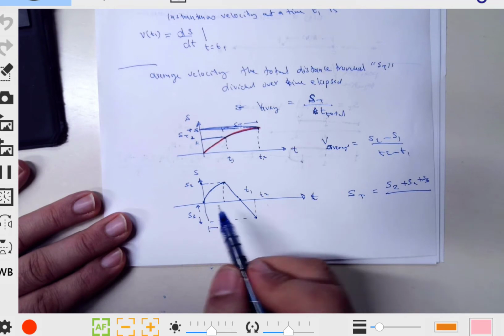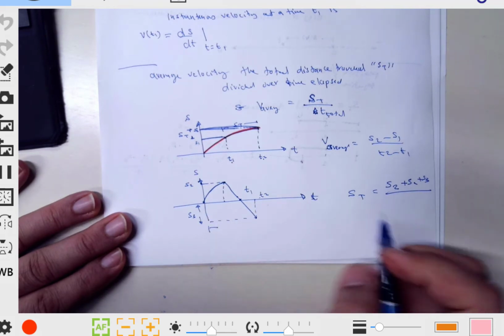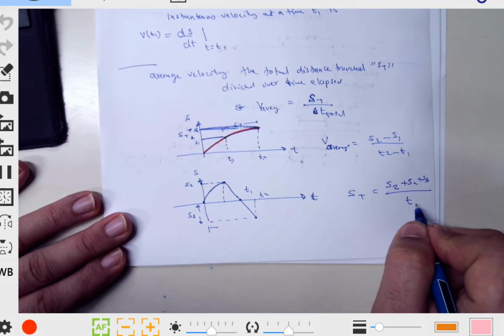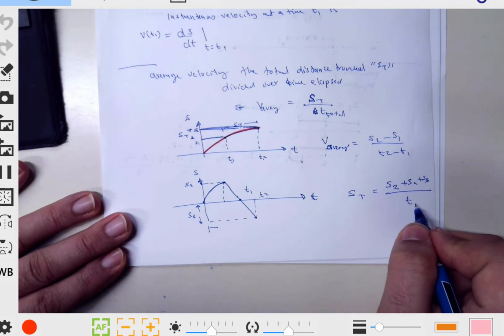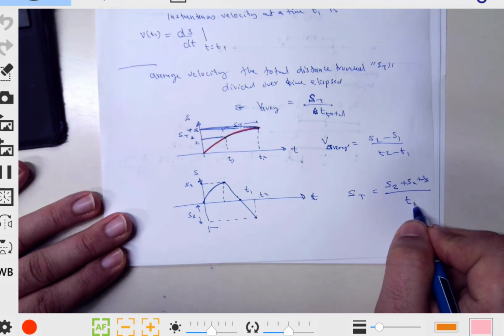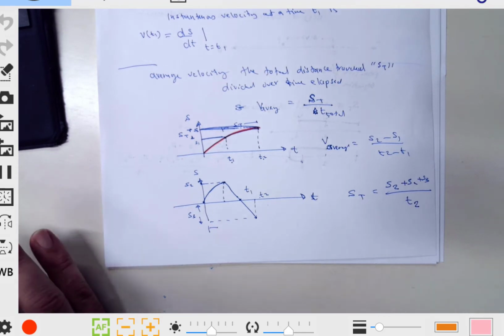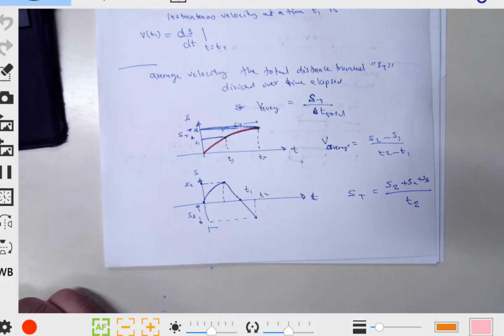What's the total time? It is in fact from here to here, t2, right? So my point here is, you have to be careful and look into the problem carefully.